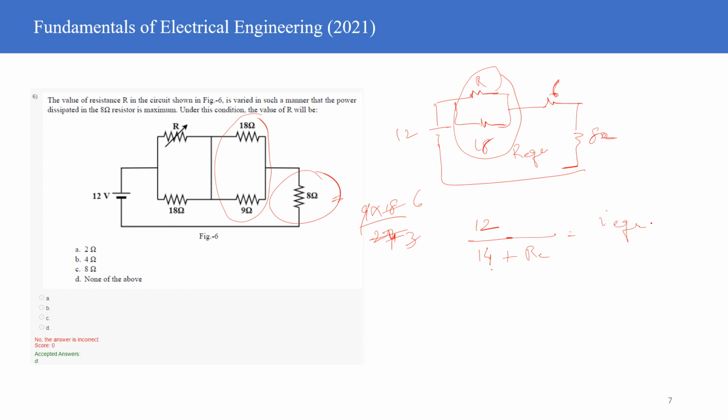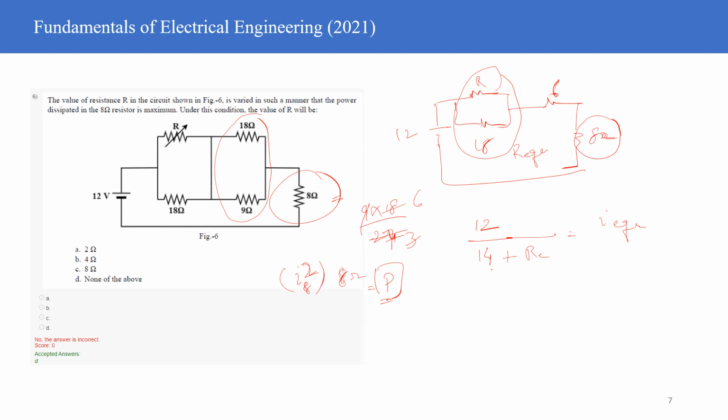So what you need to figure out here is that the power dissipated in the 8 ohm is maximum, right? So when will the power be maximum in 8 ohm? It will be when I squared into 8 ohm, I in the 8 ohm resistance, squared, into 8 ohms is maximum. This is what the question is asking.